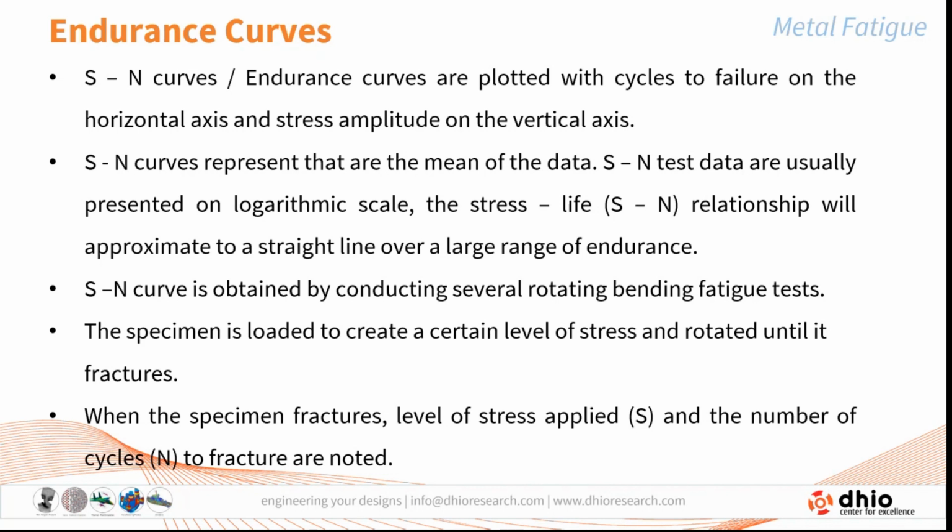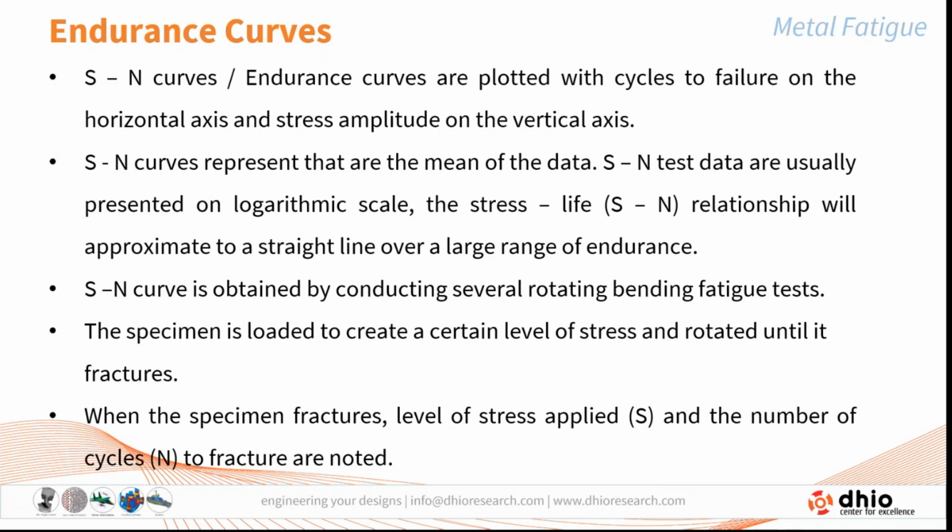And the stress-life relationship is approximated as a straight line over a large range of endurance. Even though the curve which you obtain in the actual case may be of a different variation, when it is converted into a logarithmic scale it can be represented as a linear variation.